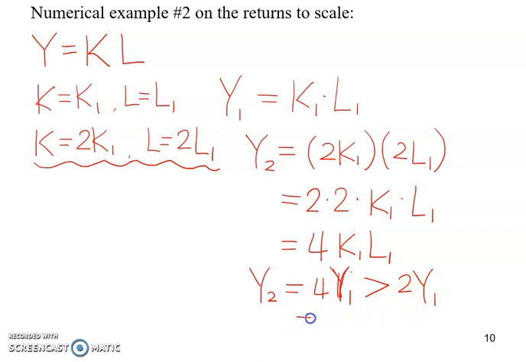This is so-called increasing returns to scale. Increasing returns to scale. So when you change the capital and labor by a certain percentage, you find that the output would be changed by more than that percentage.